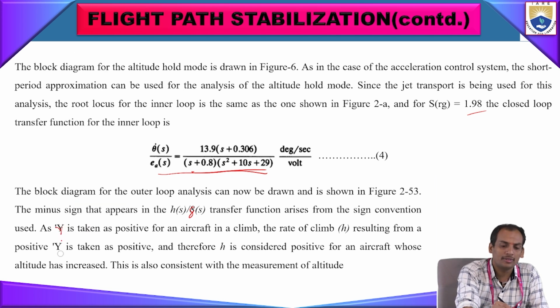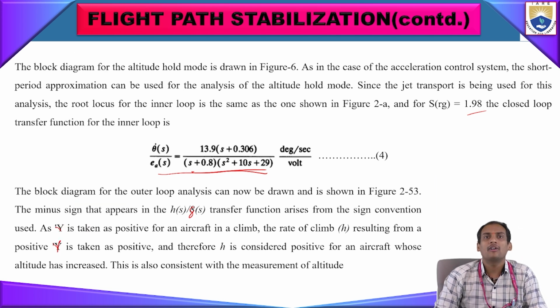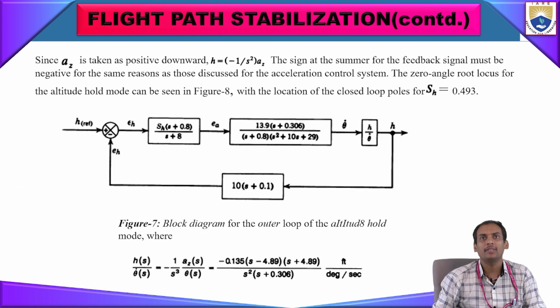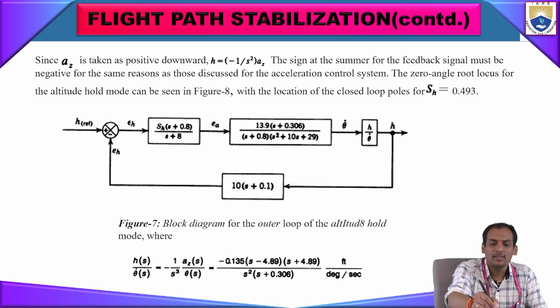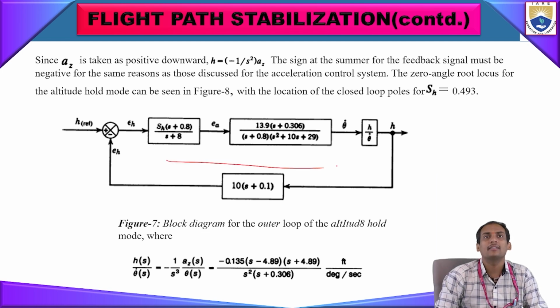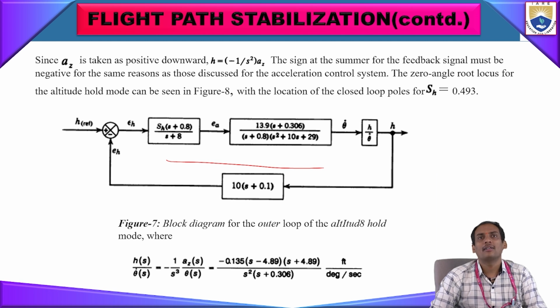The transfer function arises from a sign convention, and the gamma, they are both gammas. The gamma is taken as positive. Here h is considered positive for an aircraft whose altitude has increased. This is also consistent with the measurement of altitude. See here how the transfer function for the outer loop is designed separately. Here az is given, and az will be taken as positive downward.